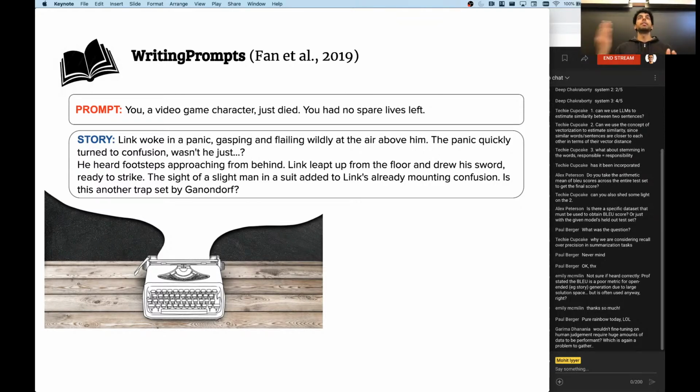So none of the methods that we've discussed make sense here, right? If I have just this reference story, Link woke in a panic, blah, blah, blah, I can't really use this in any way to evaluate the candidate generation from a language model. There could be many other ways to approach this. It's not a constrained task like translation.